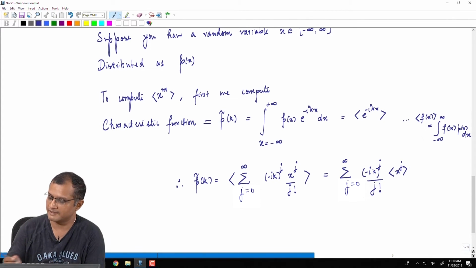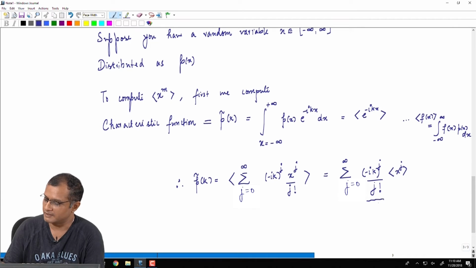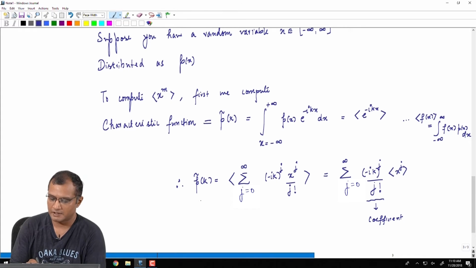So now you can clearly see that this is the coefficient in the expansion of the characteristic function P of k.